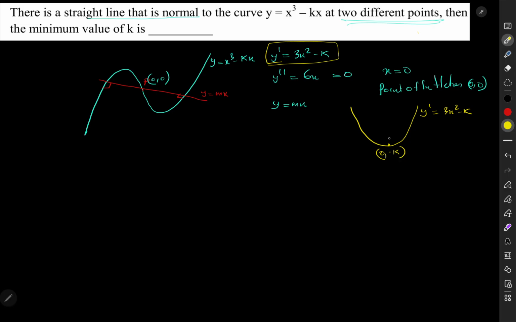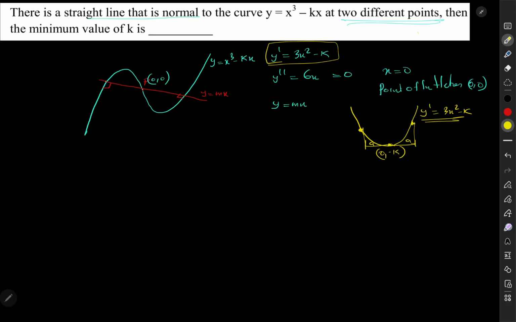So the logic is, from the vertex, if I travel a units to the right, a units to the left, I will get the same y value. In this case, it is the y dash value. Y dash value means slope. So there is a chance that you will have the same dy by dx. From the point of inflection, there will be a point where dy by dx is equal to that at another point.